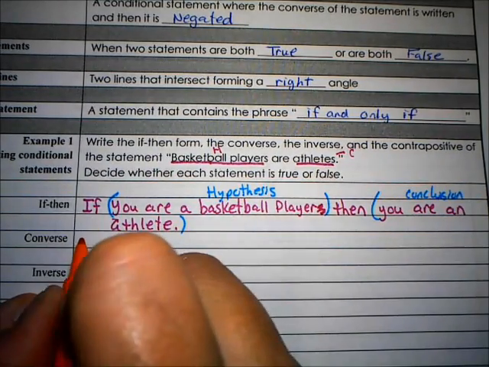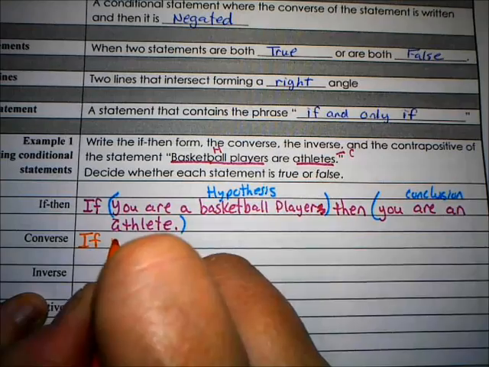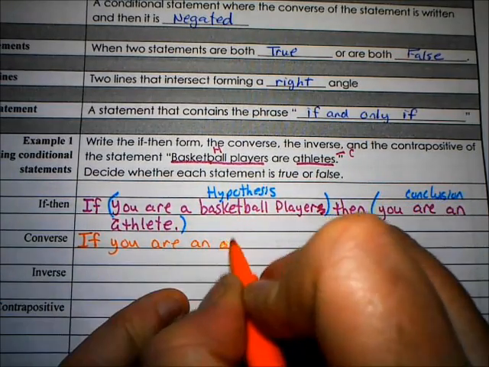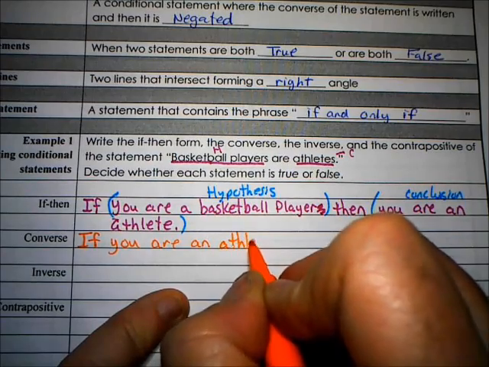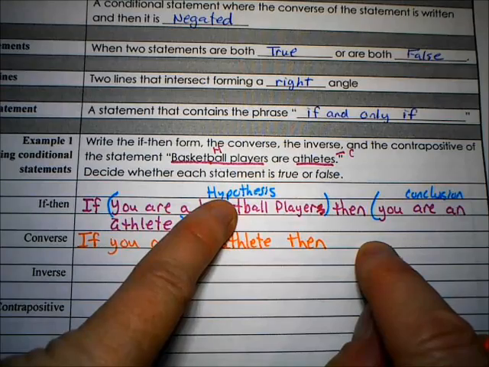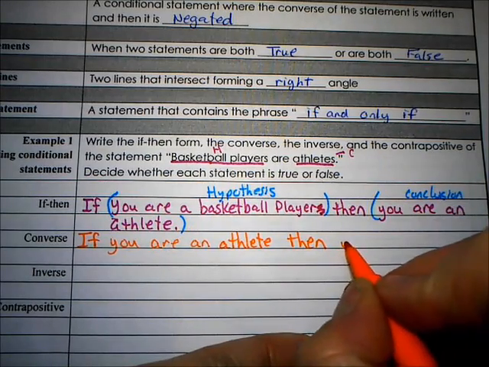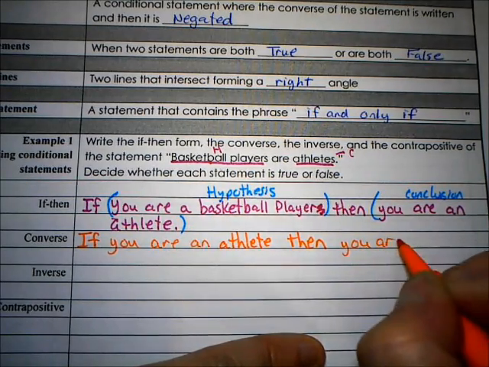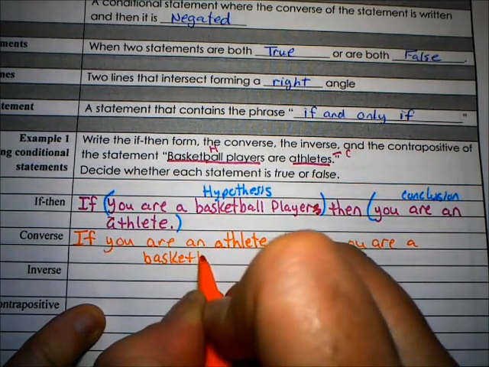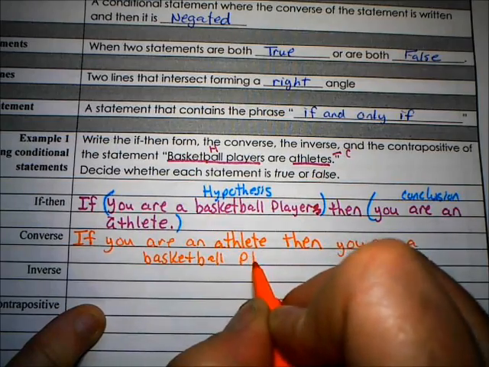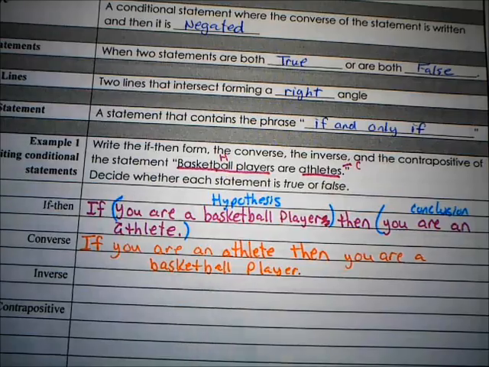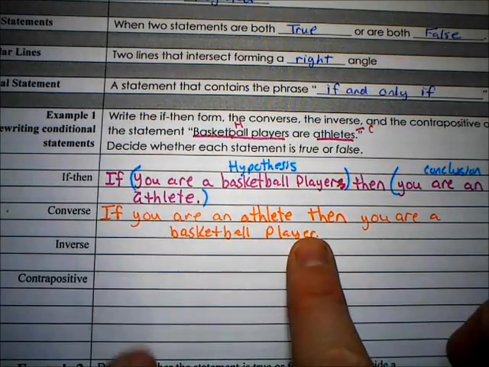So that becomes my if: if you are an athlete, then, and on this part of it, I put the hypothesis. You are a basketball player. So this is it switched.